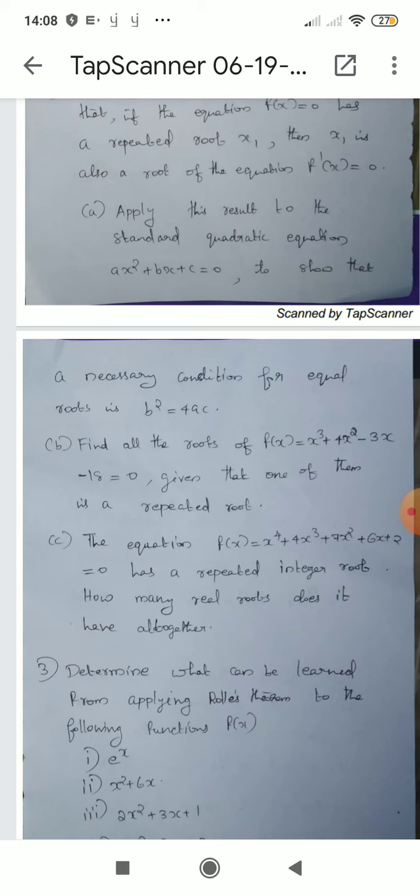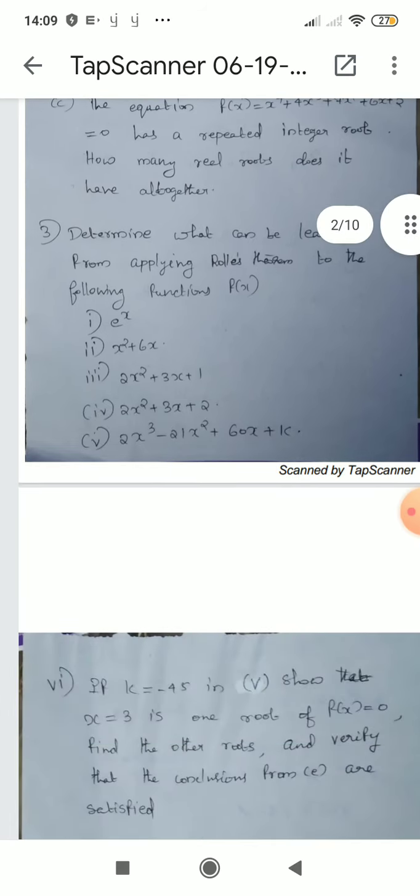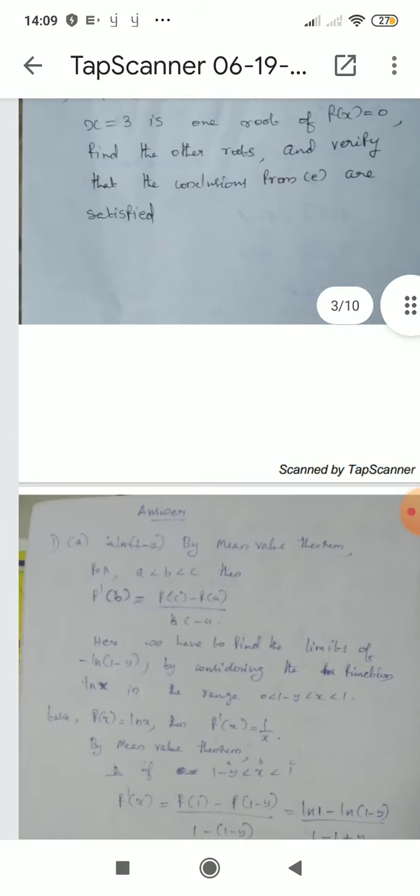Here, we have to show that a necessary and sufficient condition for equal roots of a quadratic equation is b square equal to 4ac. We are all familiar with this result, but using Rolle's theorem, we have to show it.